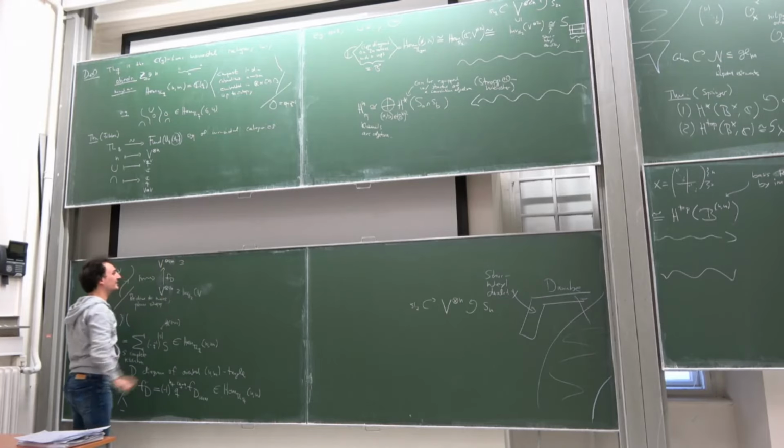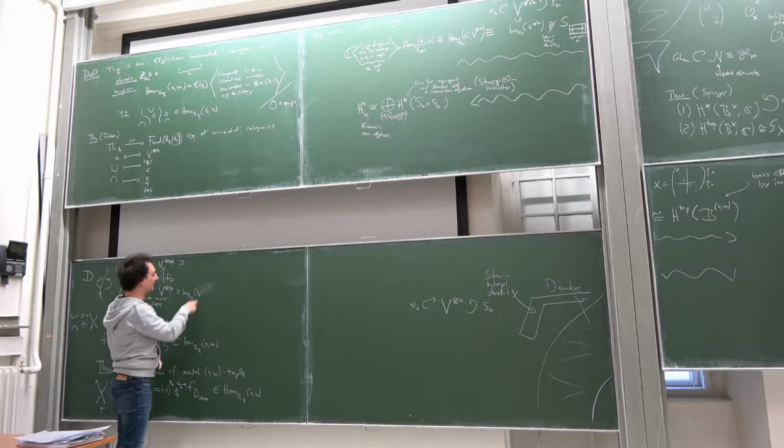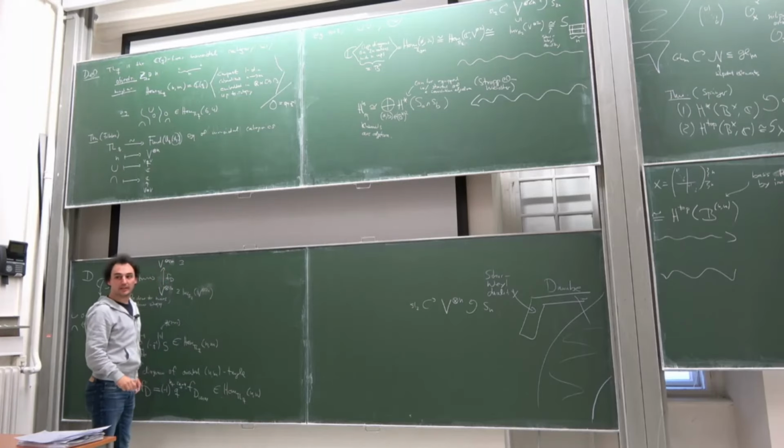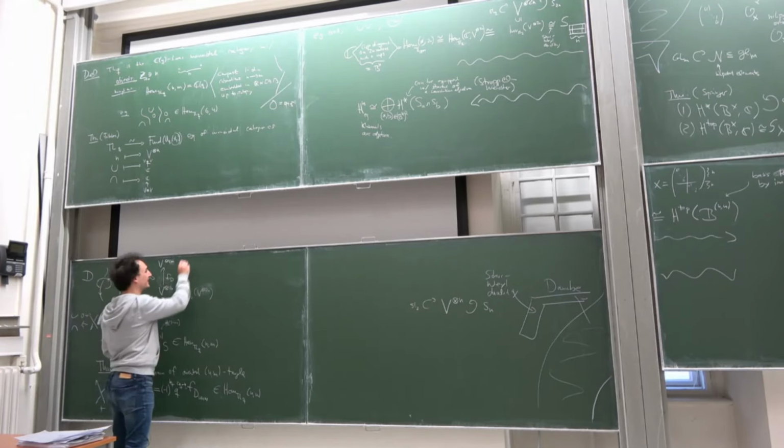So Khovanov calls this even tangles. So you have an even number of endpoints here, an even number of endpoints here. Then I can look at the SL2 invariants inside this space, okay? The reason for the evenness here is that I don't want this to be 0. Just a technical thing.